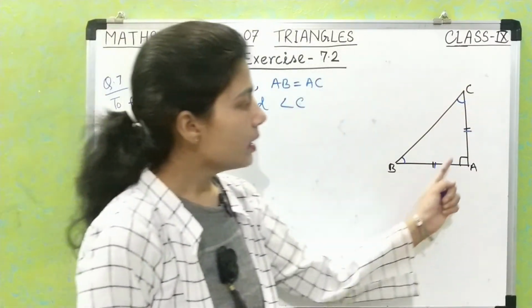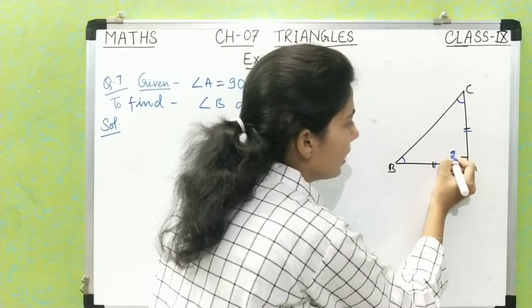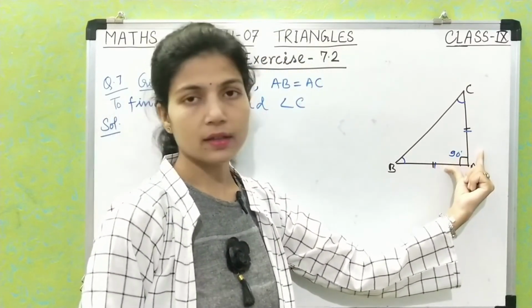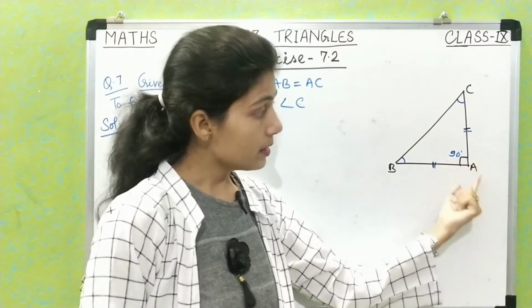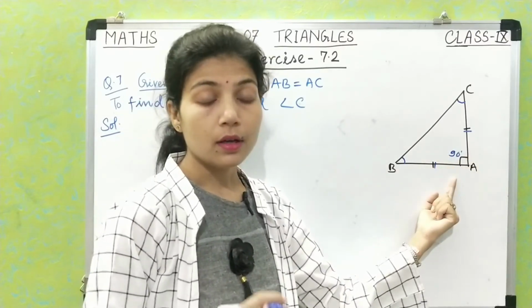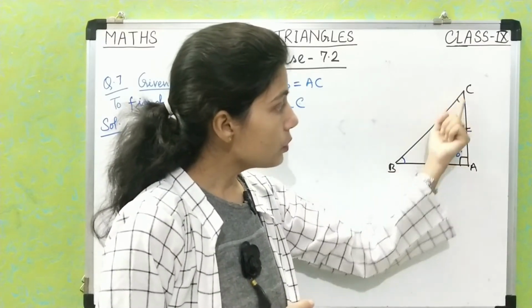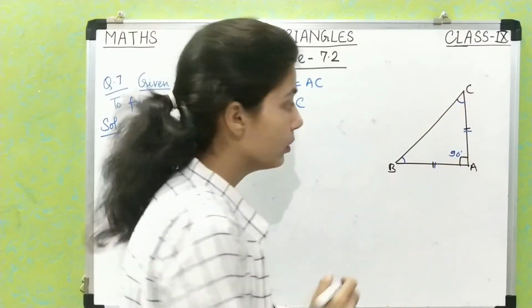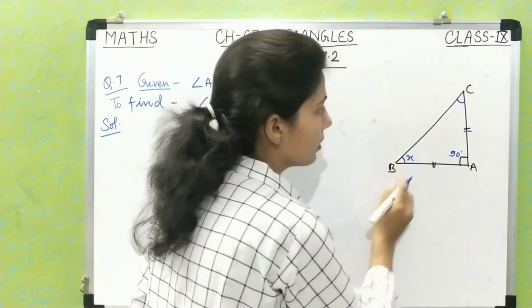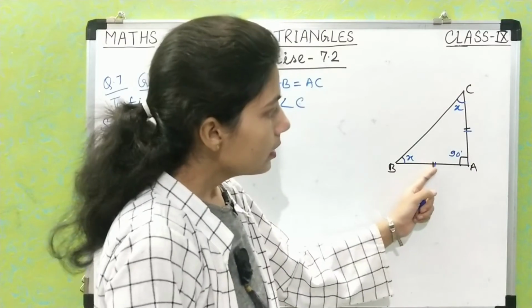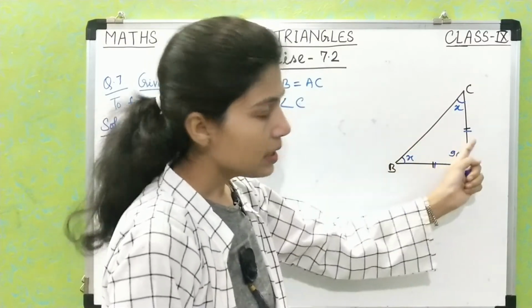So see here, one angle is 90 degrees, and two sides of this triangle are equal, which means this is also an isosceles triangle. So the angles opposite the two equal sides will be equal. Suppose this angle is X, then this angle will also be X, because these angles are opposite to equal sides.